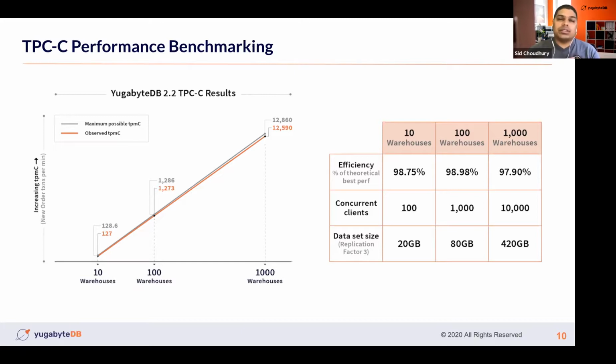Again, these concepts were just impossible to even think about a few years back in the realm of relational databases. So very exciting progress.